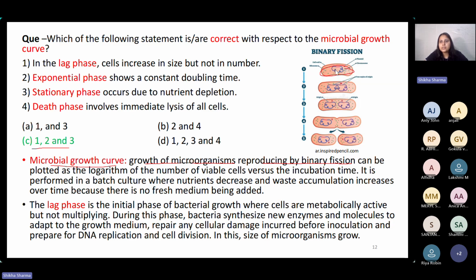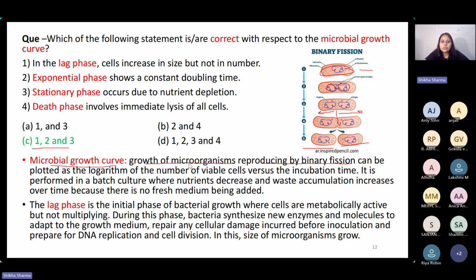Inside this, there will be replication of the DNA or the chromosome, and after that two copies will form, and after that they will separate like this, and here the fission will occur, and two daughter cells will be produced from the one mother cell. So this is binary fission.